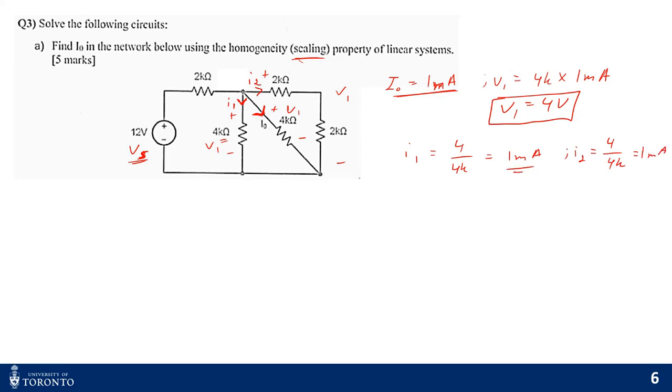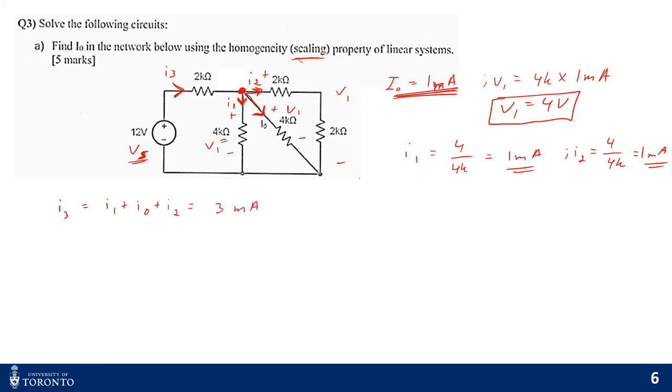Since I know I1 and I2 are 1 milliamp, and I assumed that I naught is also 1 milliamp, I can find my I3. I3 is split into three portions, I1, I2, and I naught, at this node by KCL. So my I3 is I1 plus I naught plus I2, which is equal to 3 milliamps.